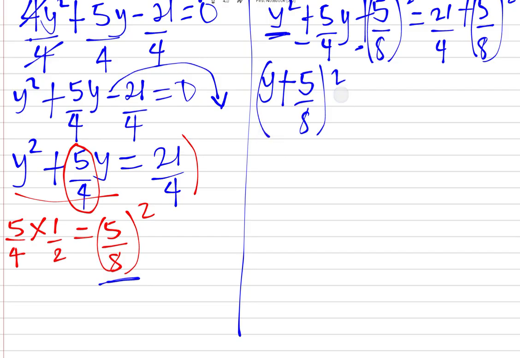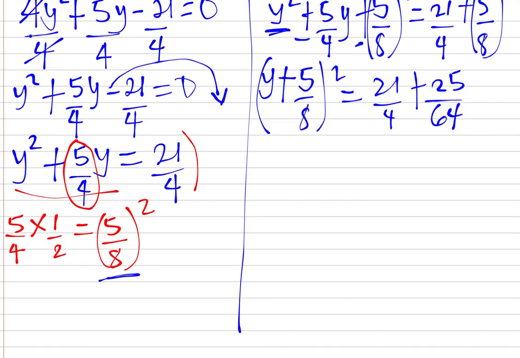You see that now? Then equals 21 over 4 plus the square of 5, which is 25, over the square of 8, which is 64. So I'm going to have y plus 5 over 8 all squared equals, the LCM of this place is 64.